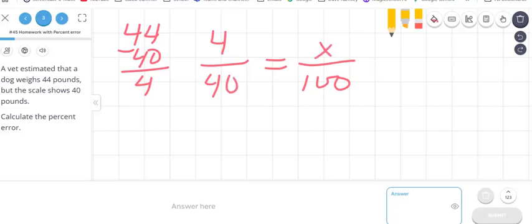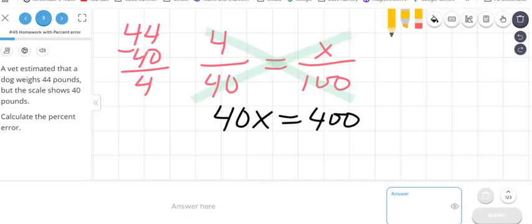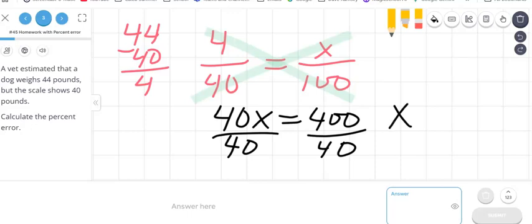So now we do our cross products. We get 40x equals 4 times 100 is 400. Divide by 40. We get x equals 10. So that's going to be 10%.